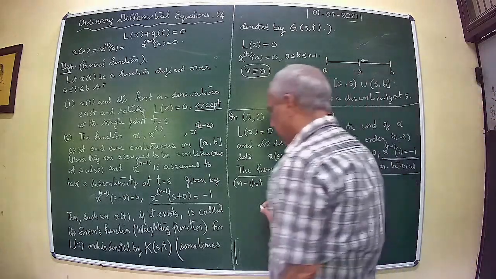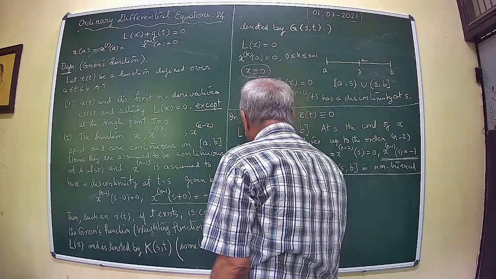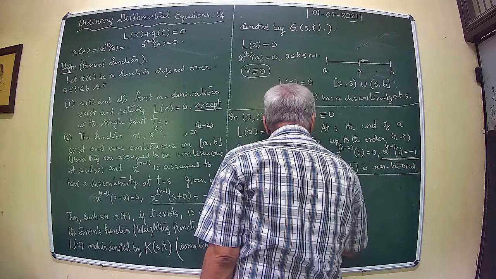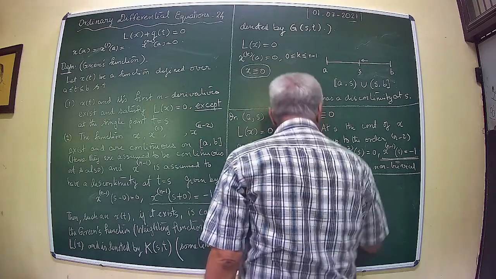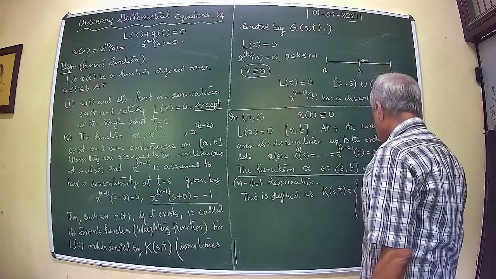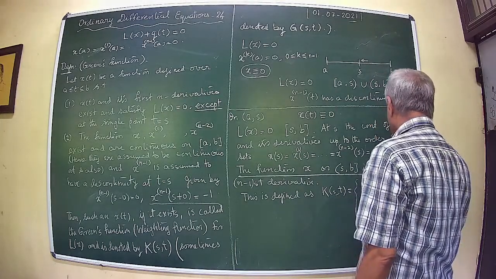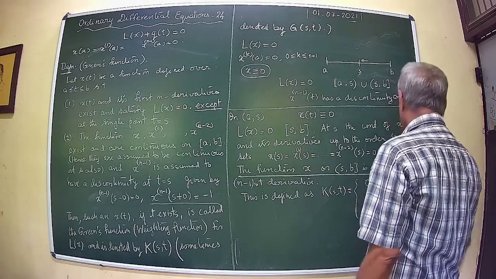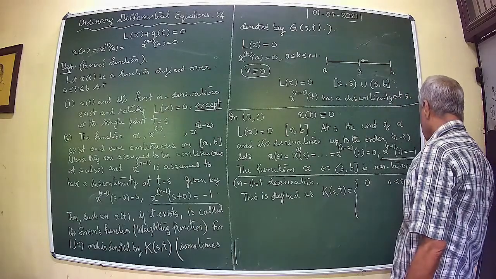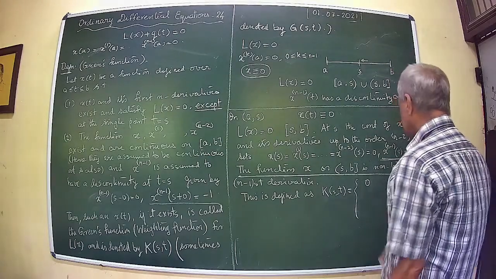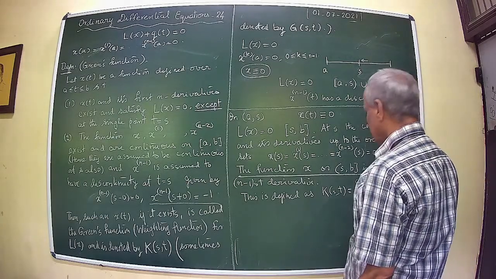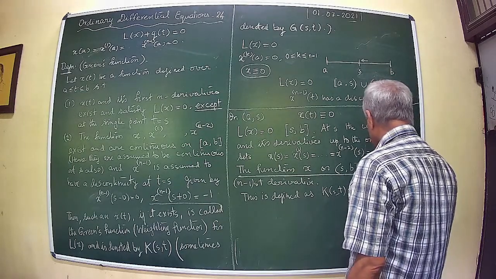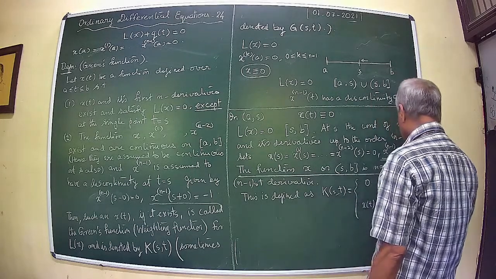So this function, K(s,t), is equal to 0 for t less than s, and is equal to the function x(t), which is not identically 0, on the interval s to 1.